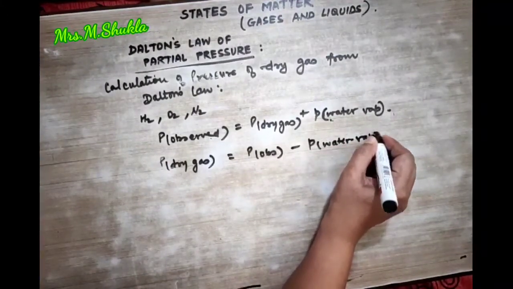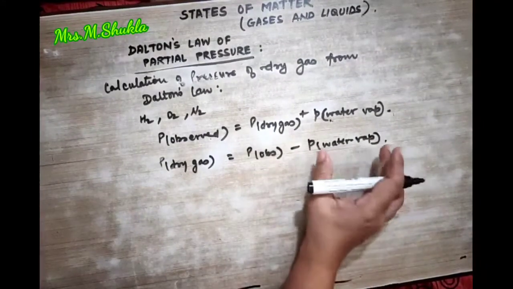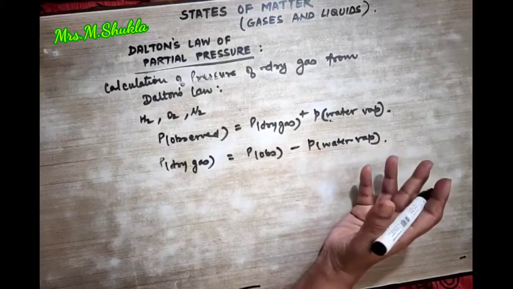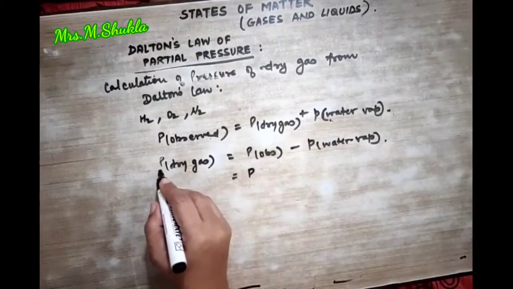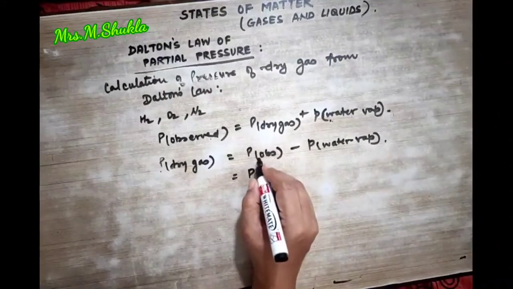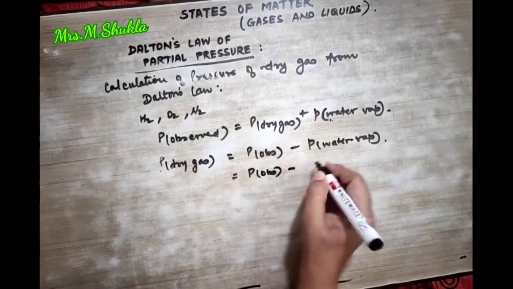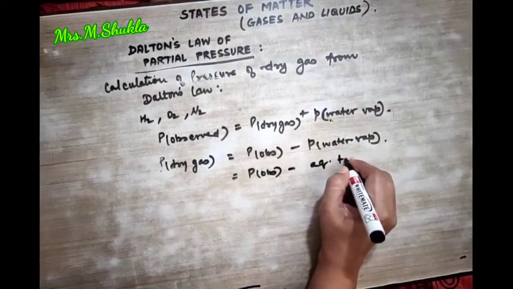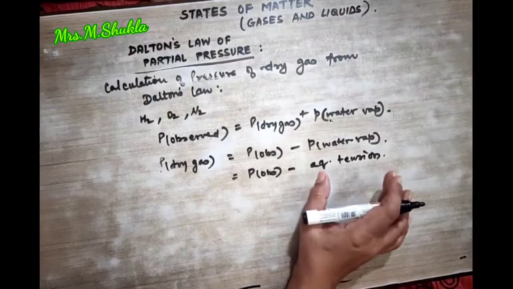Now we can also say that water vapor pressure is the aqueous tension. So the pressure of the dry gas can be obtained by the observed pressure minus the aqueous tension. Now this new word has come in, aqueous tension.